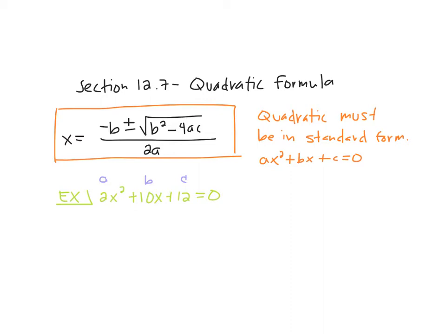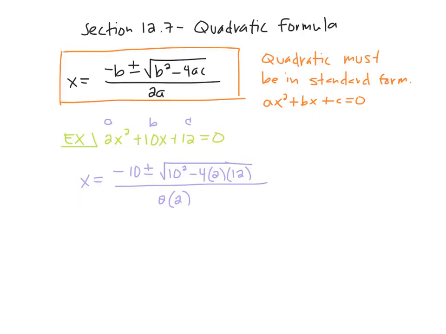So when I write the quadratic formula, x equals negative b, I see there b is 10, plus or minus the square root of b squared, so that's 10 squared, minus 4 times a, which is 2, times c, which is 12. All of that divided by 2 times a, which is also 2.